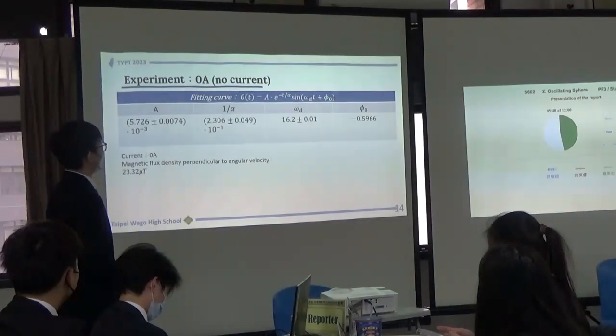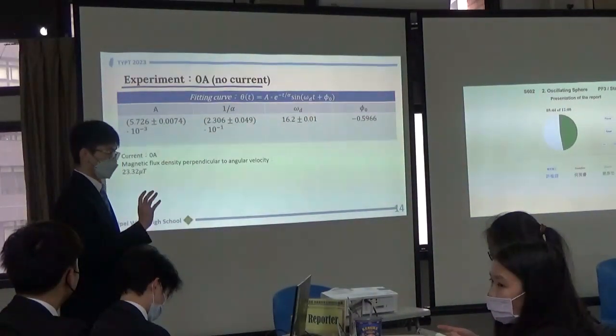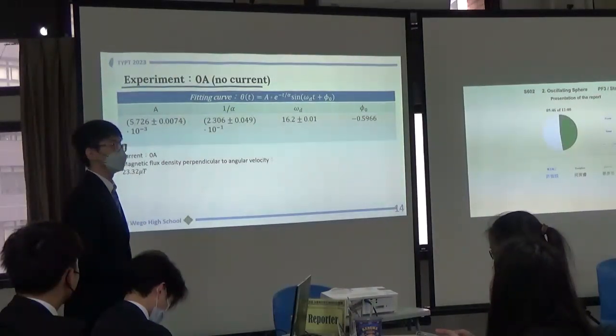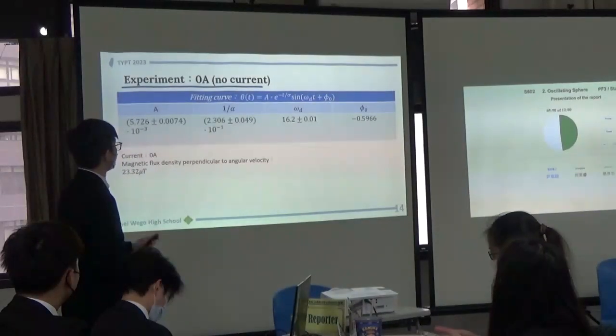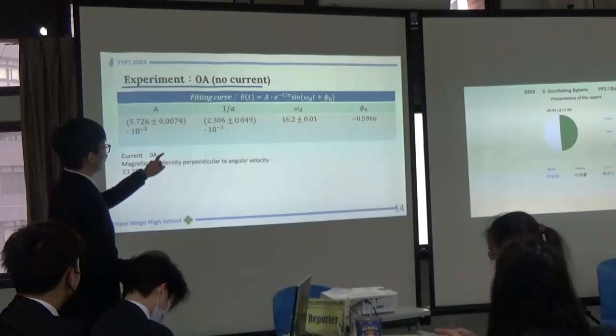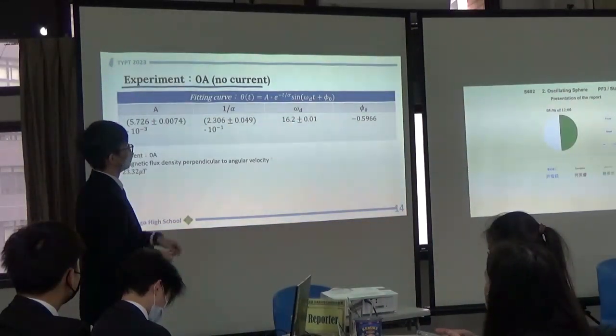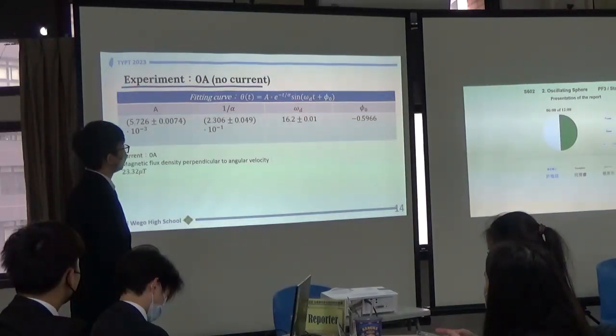First, as I mentioned before, the most basic form of the sphere damping is with no current in the coil. So the only thing we're focusing on is the alpha number, which is the damping ratio. And as I mentioned before, the damping contributions can be added up.